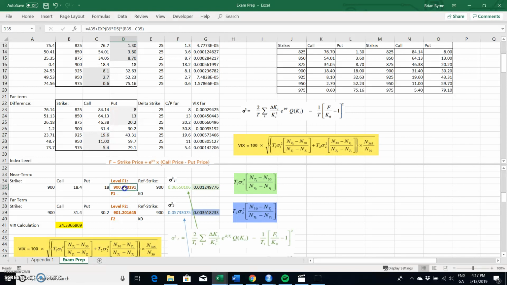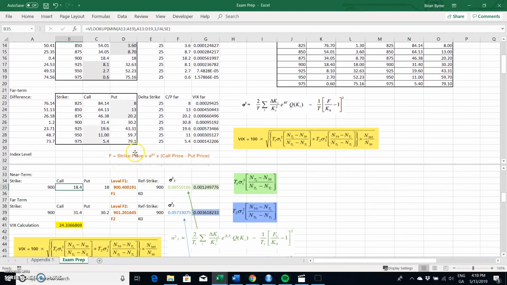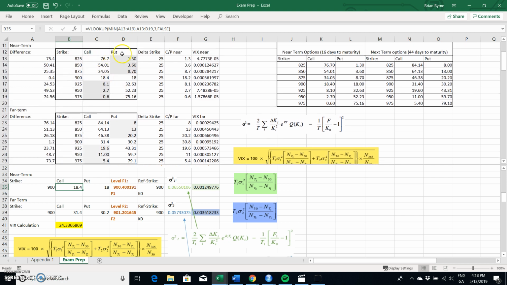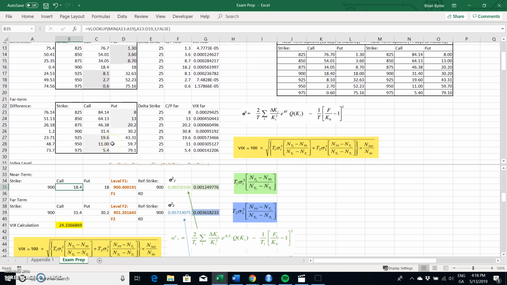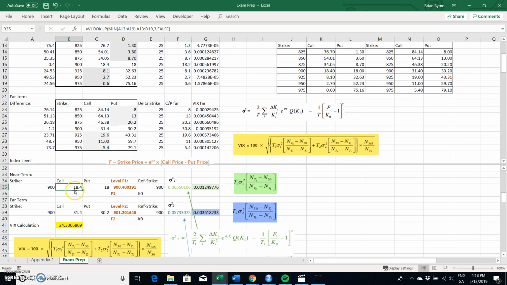Now, how is that F being produced? There's two F's in fact. Well, F is the strike price, K0, so the 900, and in each instance here 900 at both these exercises correspond with the minimum difference between the respective call and puts. So F is equal to K0 plus e to the rT.